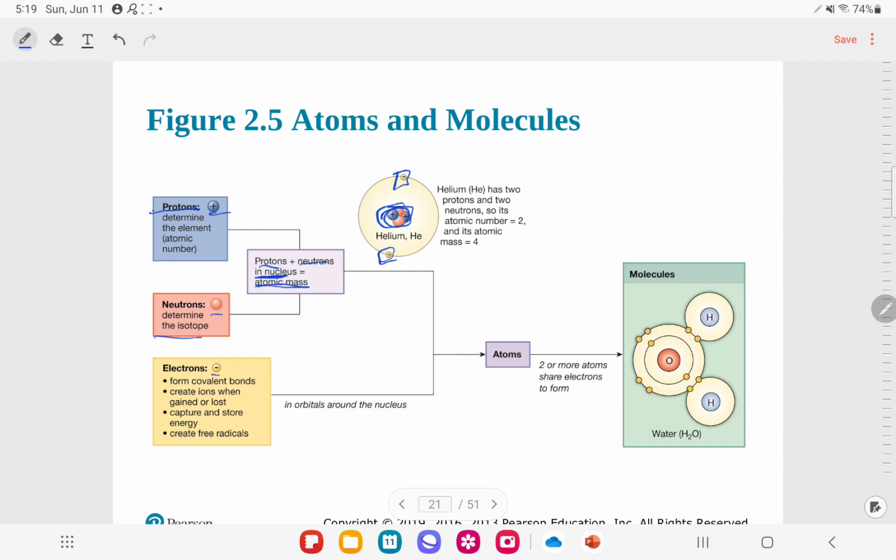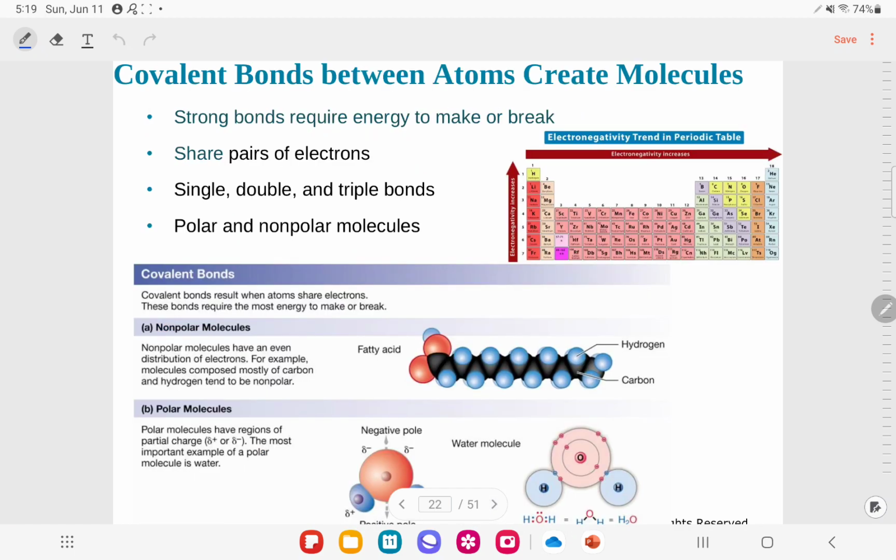And so we can see here, if we have two or more atoms that share electrons, they will form a molecule. So atoms make up molecules, and we can see this as a water molecule right here. We have one oxygen and two hydrogen atoms forming a molecule as they are sharing these electrons.